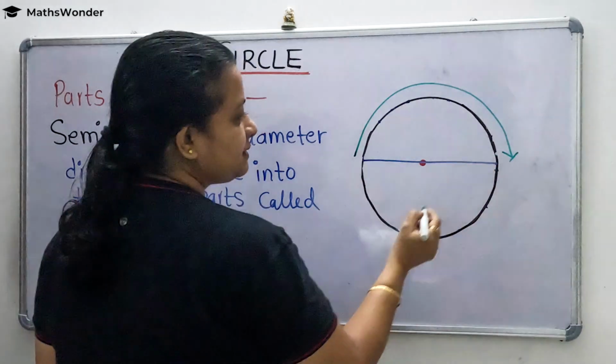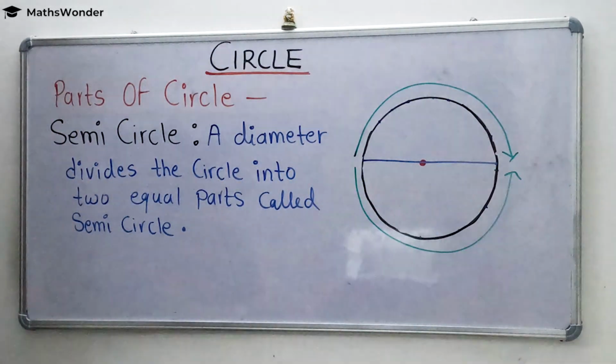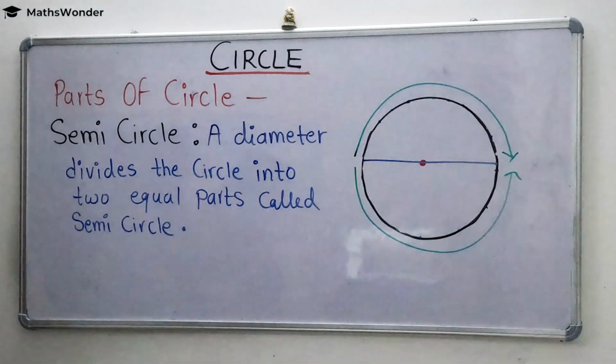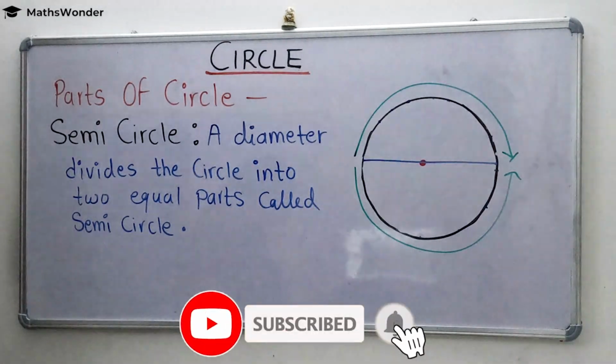This part is one semicircle, and this is the other semicircle. When you join the two semicircles, it becomes a circle. Understood? So this is the semicircle.